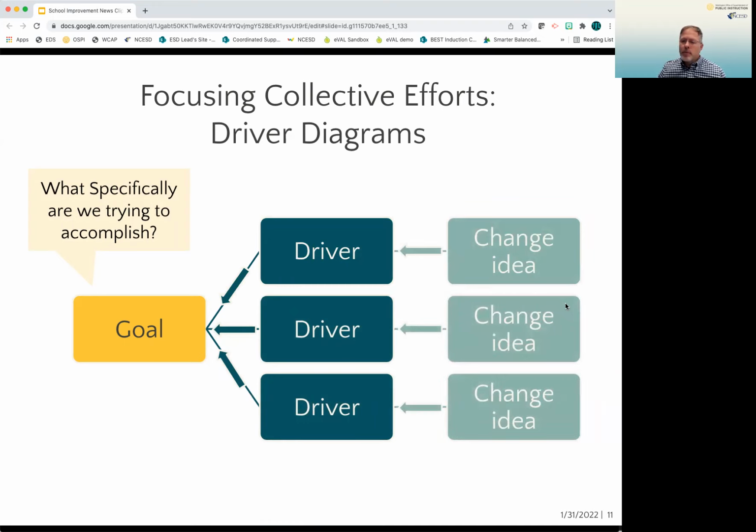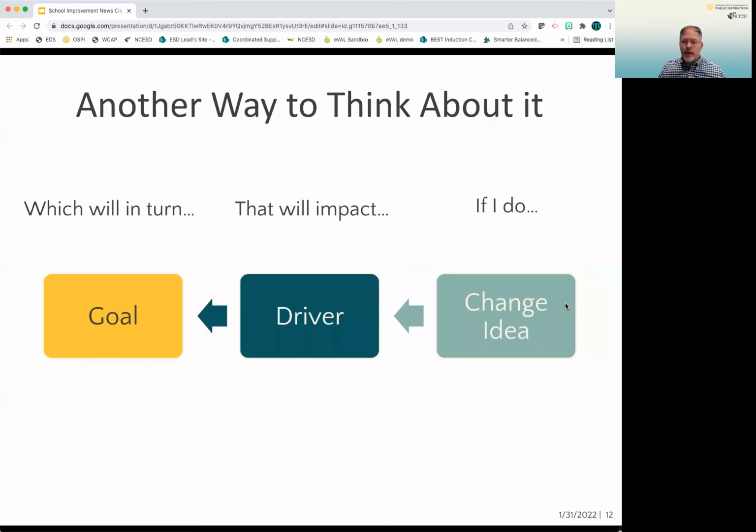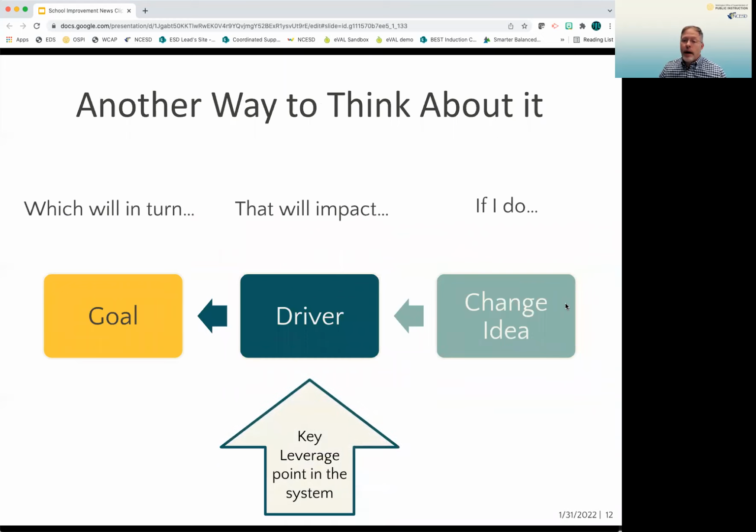It can also represent a collective theory of improvement as it changes over time when your team learns together. The purpose of a driver diagram is to identify key leverage points to go after in moving toward your goal and decide on an appropriate change idea to address that key leverage point called the driver.